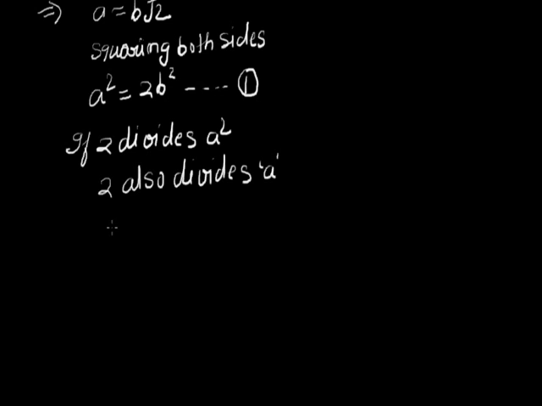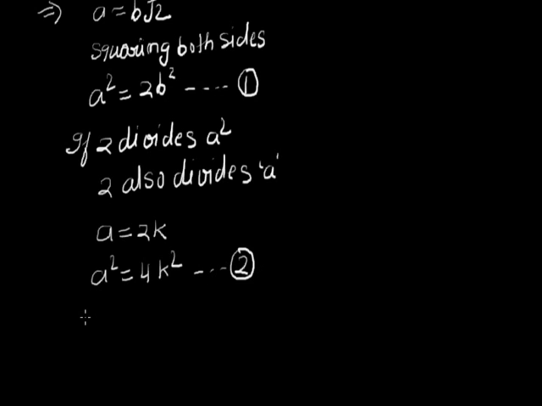Now in the next step, if 2 divides a, it means a is a multiple of 2, so a is equal to 2 into k. Now if I square both sides, then a square is equal to 4k square. This is our equation number 2.